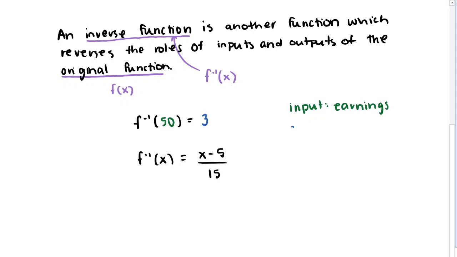And the outputs of this inverse function are going to be the amount of time worked in hours. So earlier we saw that when this person worked 3 hours, they earned $50, and this inverse function says, if you input $50 into this inverse function, it's going to tell us the number of hours this person worked, and in this case that's 3.